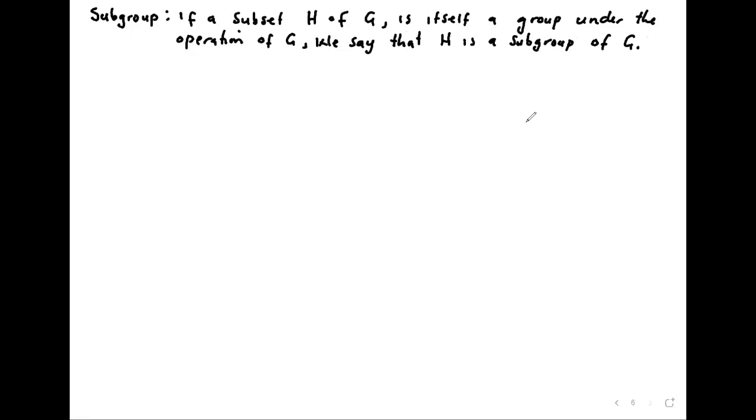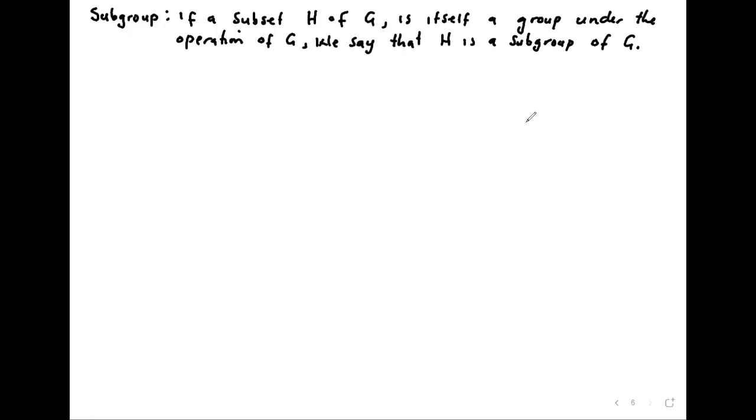That's very, very basic. But it means a lot. So if I'm given Z4, and then I'm also given Z2, and now Z2 looks like a subset of Z4.